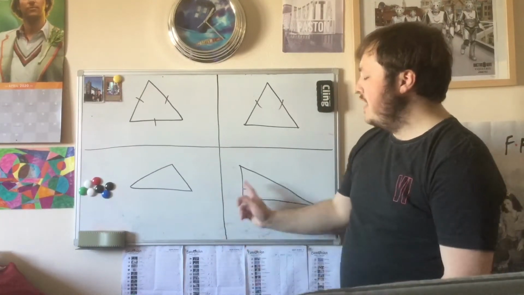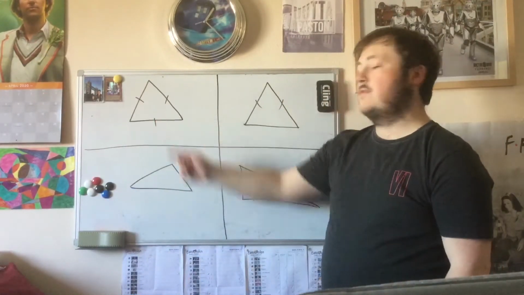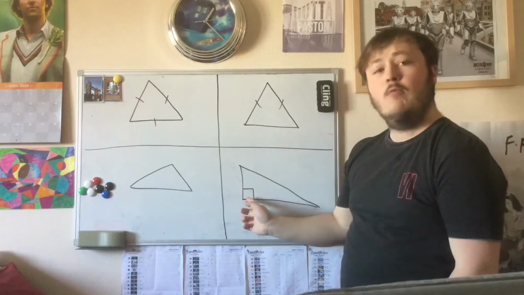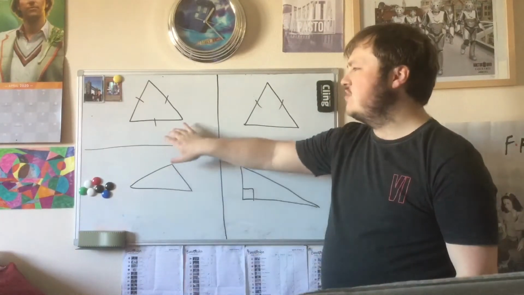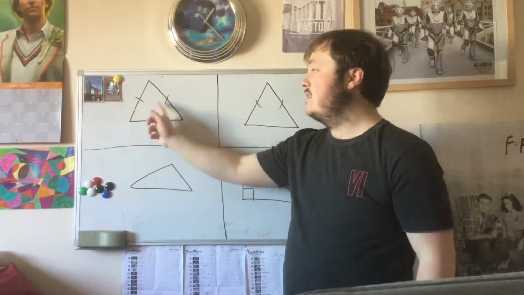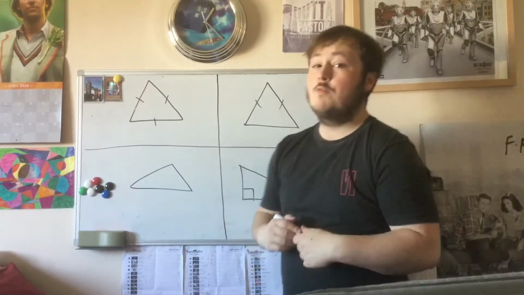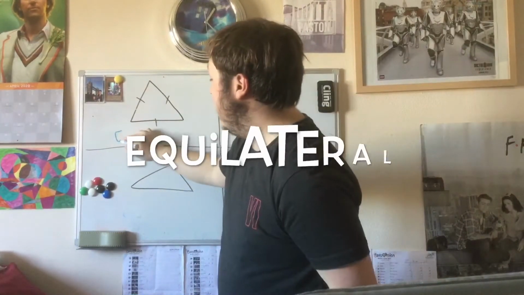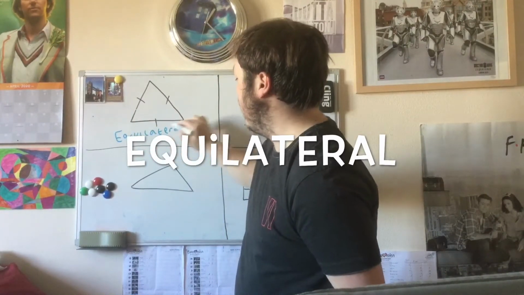So, this triangle here doesn't look anything special. This triangle has 3 lines, this triangle has 2 lines, this one has a little box inside it. So, what we're going to focus on firstly is this triangle, the 3 lines. Those 3 lines tell us that these sides and these angles are all equal, which is kind of helpful because this triangle is called an equilateral triangle.